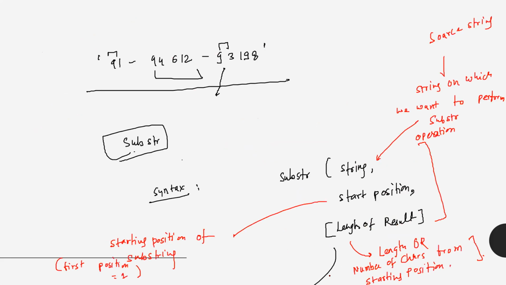Third parameter was the length of the result. If we will specify this length of the result as negative, it will return us the null value or empty string.